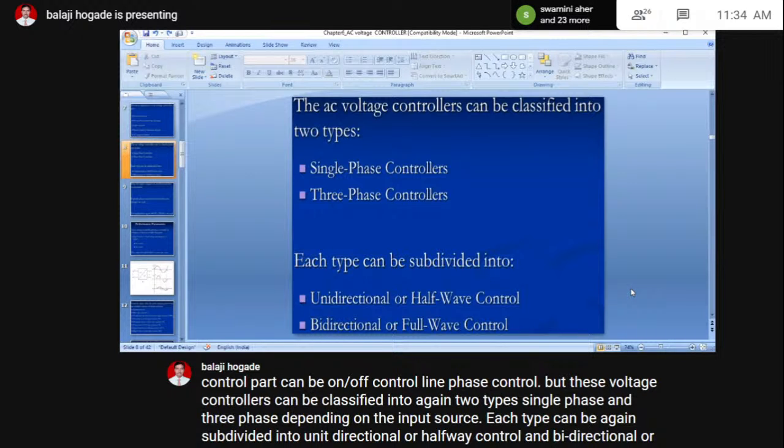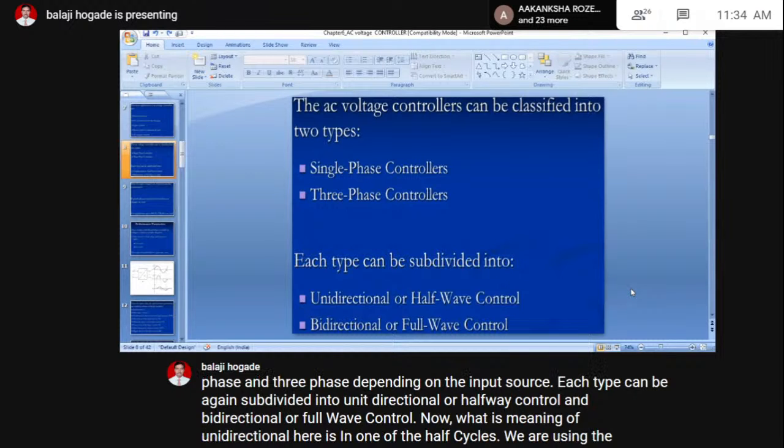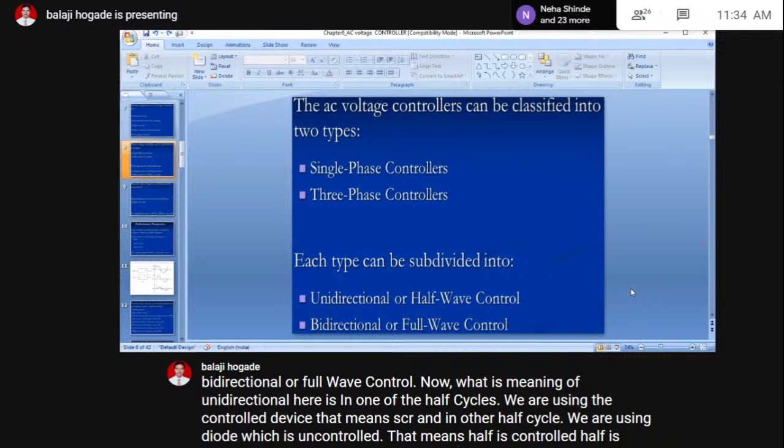Now, what is the meaning of unidirectional here? In one of the half cycles we are using the controlled device, that means SCR, and in the other half cycle we are using a diode, which is uncontrolled. That means half is controlled, half is uncontrolled. That's why it is called half wave control or unidirectional controller.